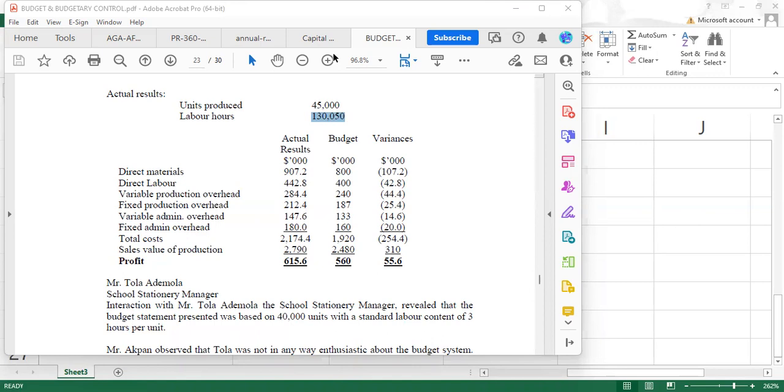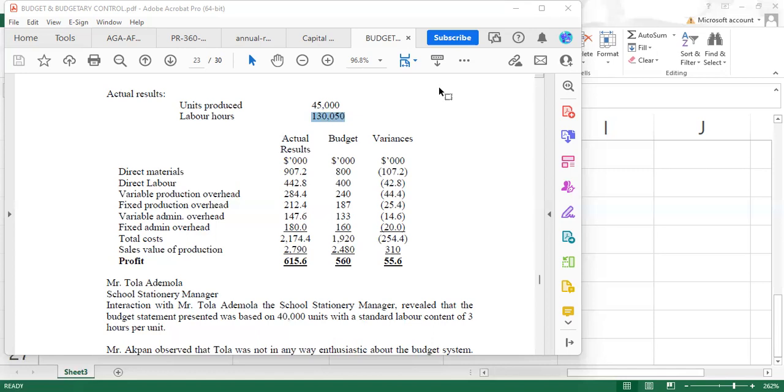Why are we using the labor hours? I don't understand. Variable production overhead is assumed to be absorbed or influenced by labor hours. We don't use material. Variable production overhead is assumed to be dependent on labor hours, not material.